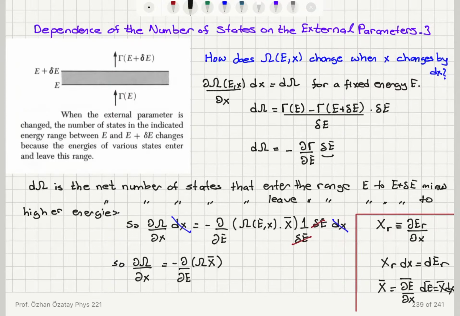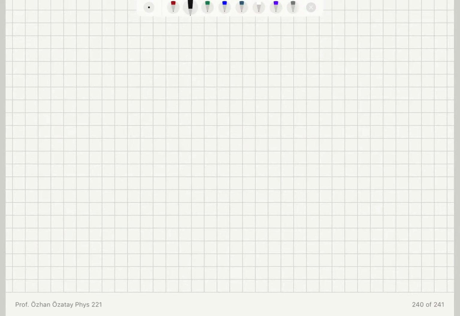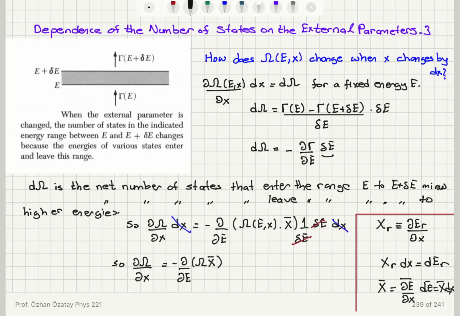So if you look at the derivative of omega with respect to x, I can write it as ∂ω/∂x is equal to, so I look at the right hand side of the equation, so I'm operating this energy derivative.